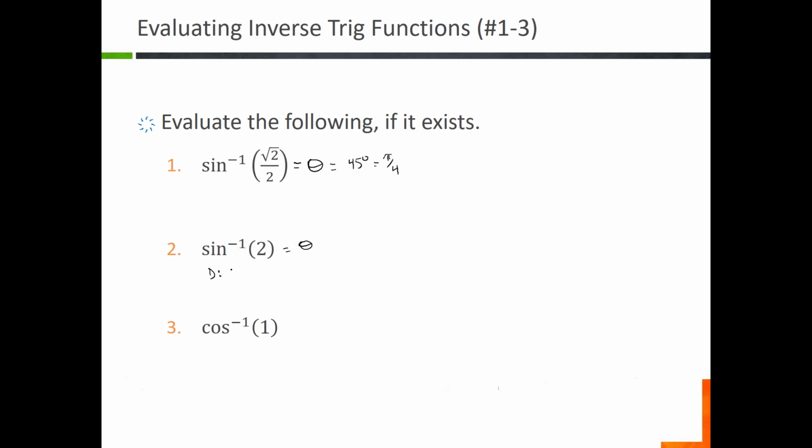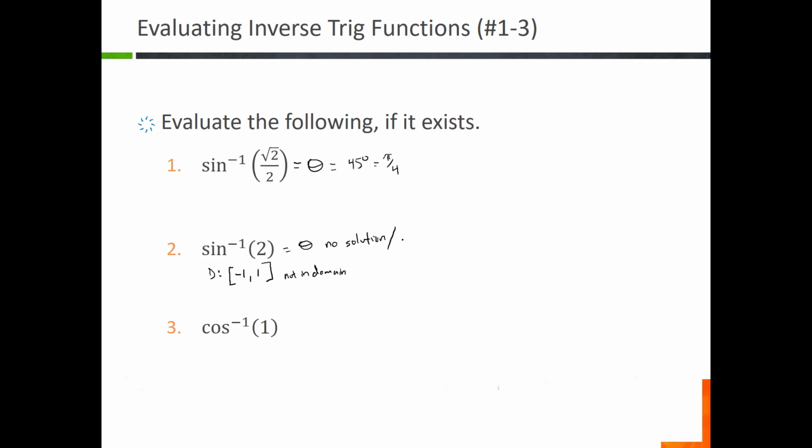The domain for an inverse sine function is -1 to 1, because that's the range for the sine function. So is 2 in between -1 and 1? No, so it is not in the domain. So what angle makes sine equal to 2? None.